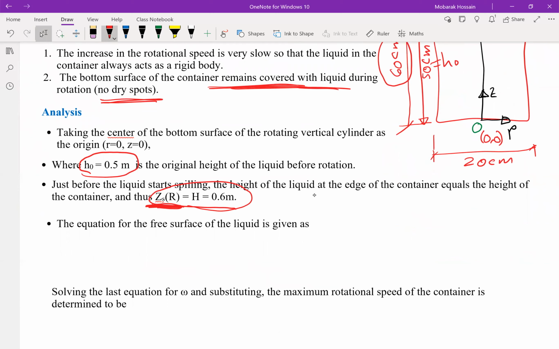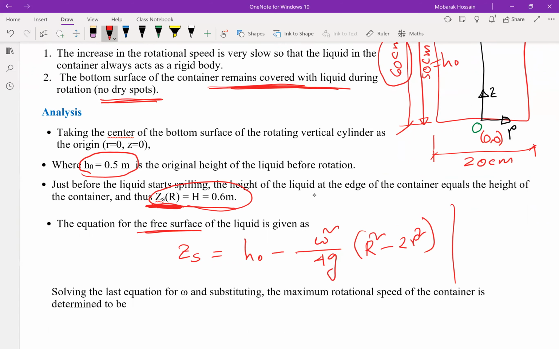The equation for the free surface of a liquid, as you already know, is z equal to h naught minus omega square over 4g times r square minus 2 r square. So we already know zs will be the same as the height of the container, 60 centimeter. H naught will be the original height of the liquid in the container, 50 centimeter.